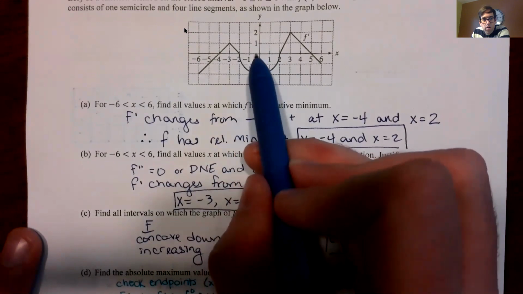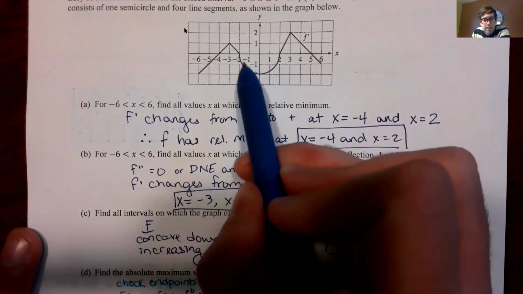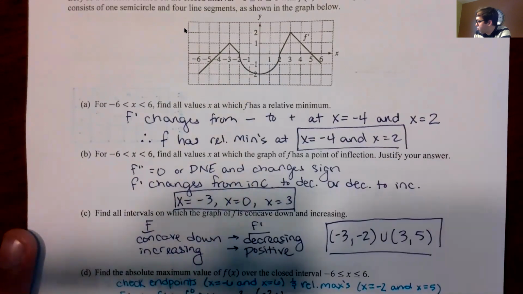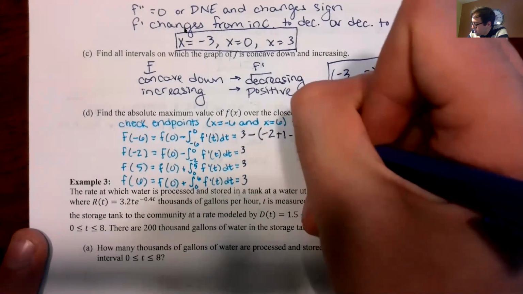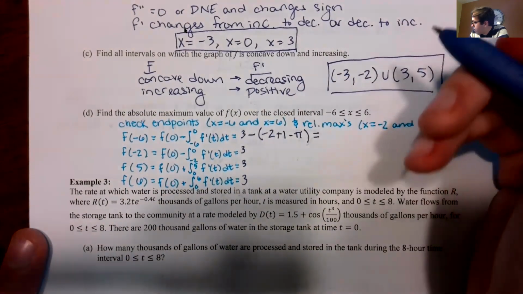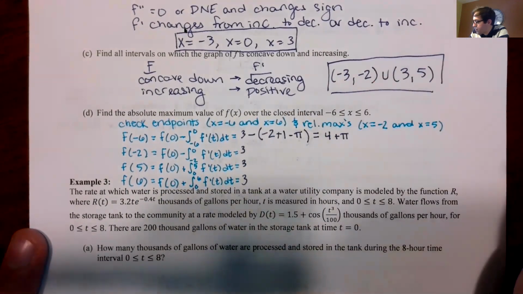So we've got a quarter of a circle with a radius of 2, and we're going to subtract that area. So we've got pi r squared, so 4 pi, but only a quarter of that, so pi. So it's going to be -pi. And if we combine all of this, we're going to end up with 4 plus pi.